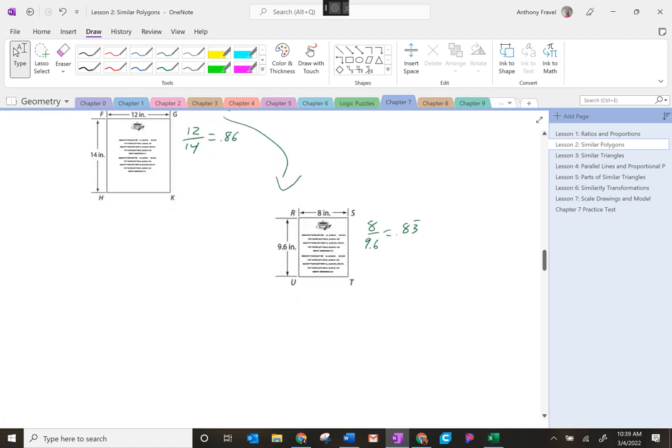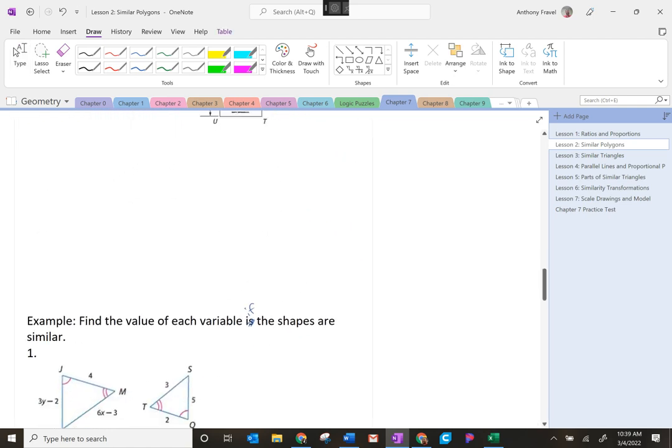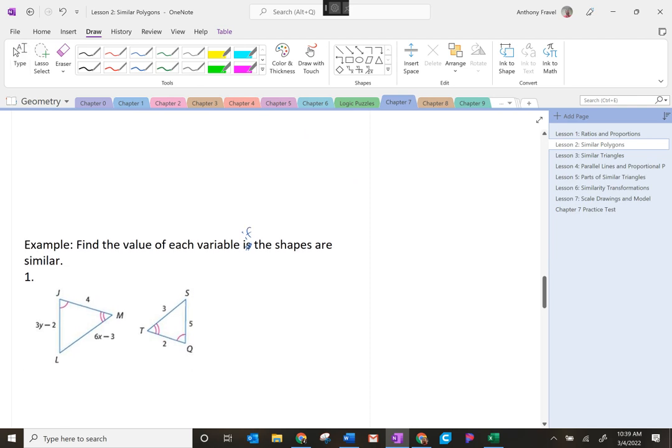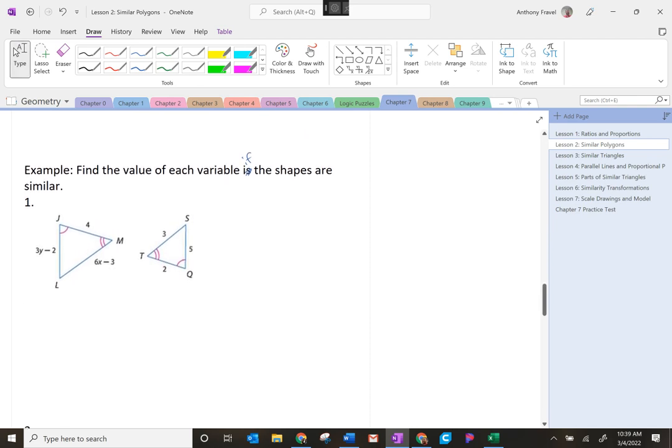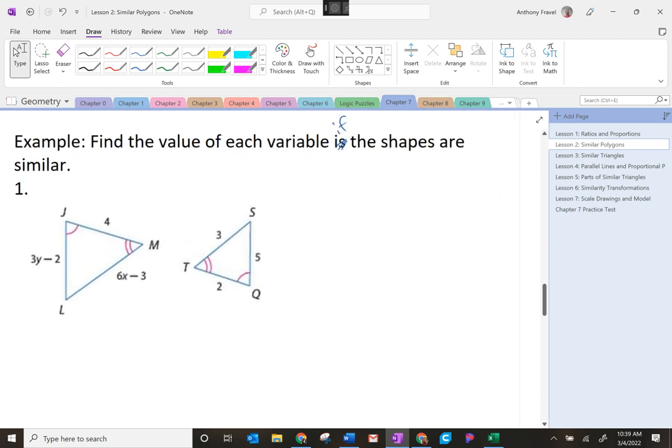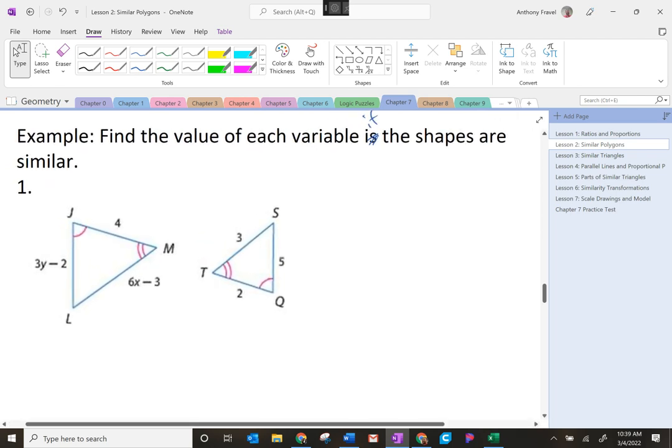Okay, I'm going to go on to that next portion, maybe. All right, so just like the stuff we did before, I want to find the value of the variable if the shapes are similar.